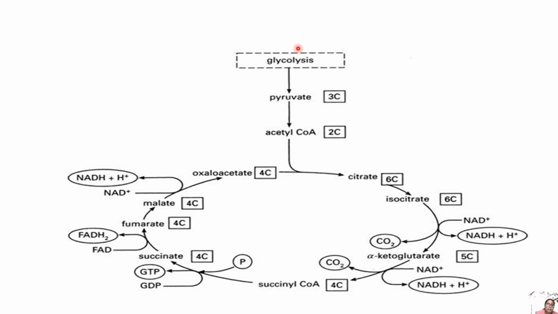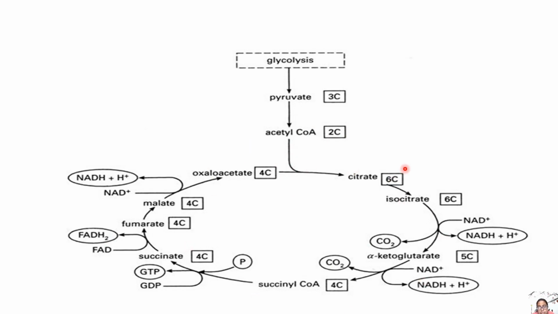Glycolysis gives rise to pyruvate, and under aerobic conditions, it will go forward for the Krebs cycle, or else if there is fermentation happening under anaerobic conditions, it can undergo fermentation basically. Otherwise, we'll go ahead to the acetyl-CoA production, which is a 2-carbon compound. From there, we start the Krebs cycle.